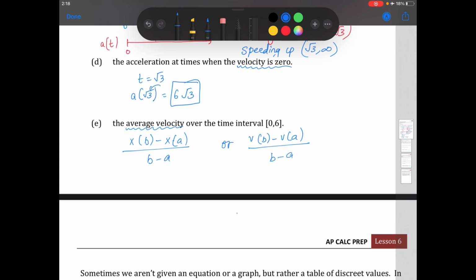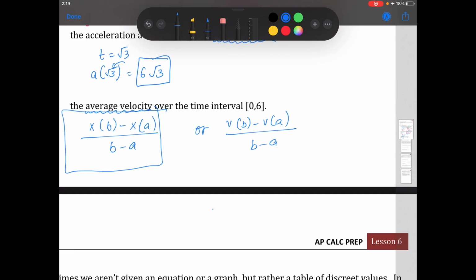So think about it. Average velocity is the rate or slope of the position function. So I'm going to be using my position equation that's been given to me in the original, and find the average velocity for that. This is something students often confuse themselves with, so I just wanted to bring it up.